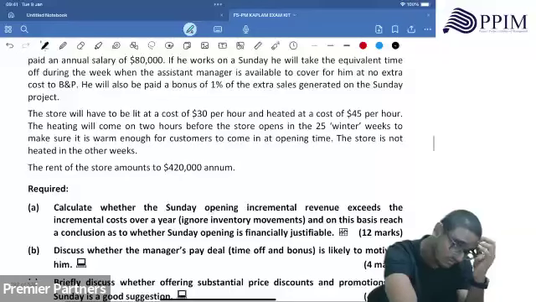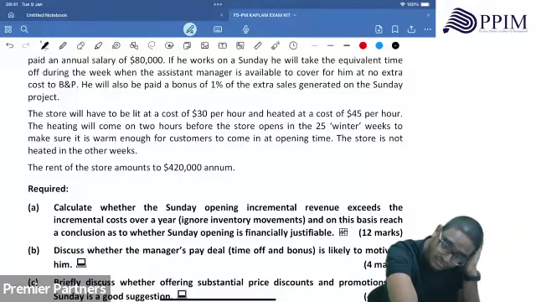So make sure that you only multiply by 50 Sundays, not 52 Sundays.